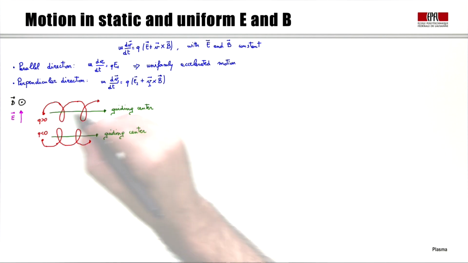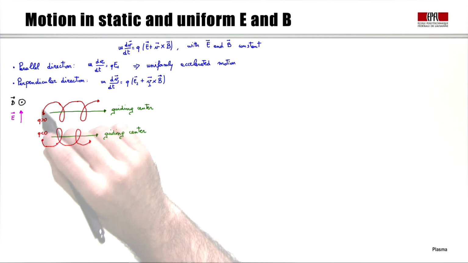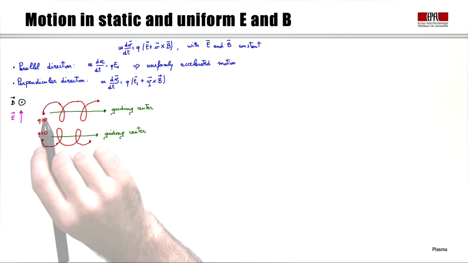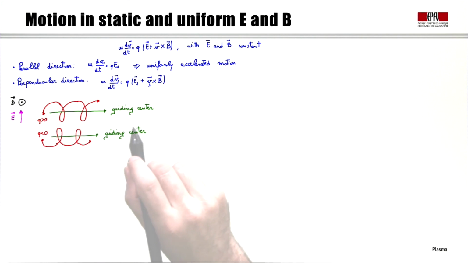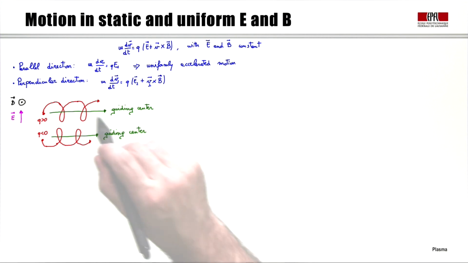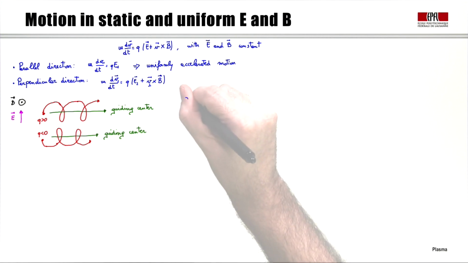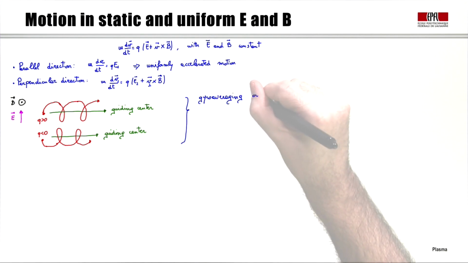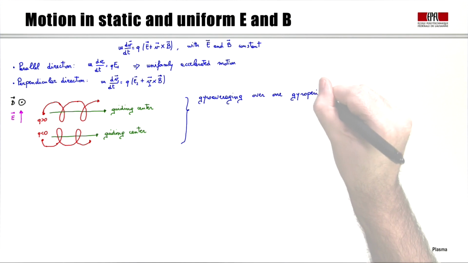So what do we expect from this image? Basically, that there will be a periodic motion on top of which a secular drift is present. So let's try first to understand what this drift is, by averaging the trajectory over one gyro period.